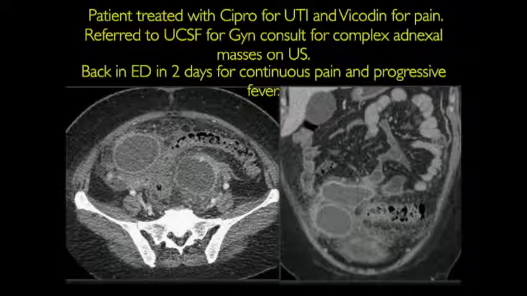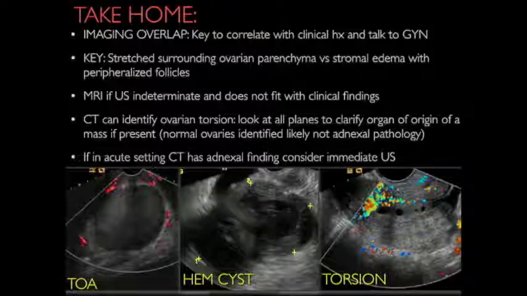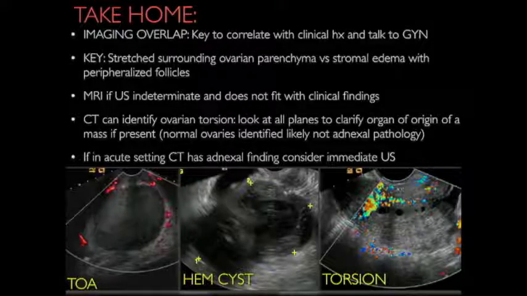Perhaps we would not have missed that on the ultrasound in the proper clinical setting. But an important thing, if you have adnexal findings, do try to interpret them and put them in context with the clinical picture. So the take-home points: there is imaging overlap, and the key is to correlate the clinical history and talk to your GYN colleagues if things just don't make sense.